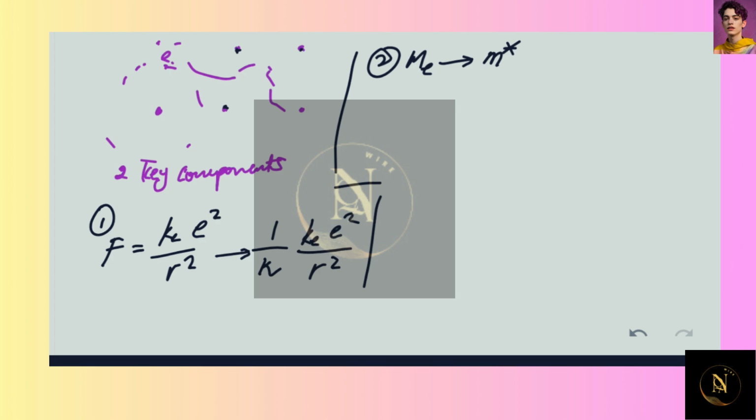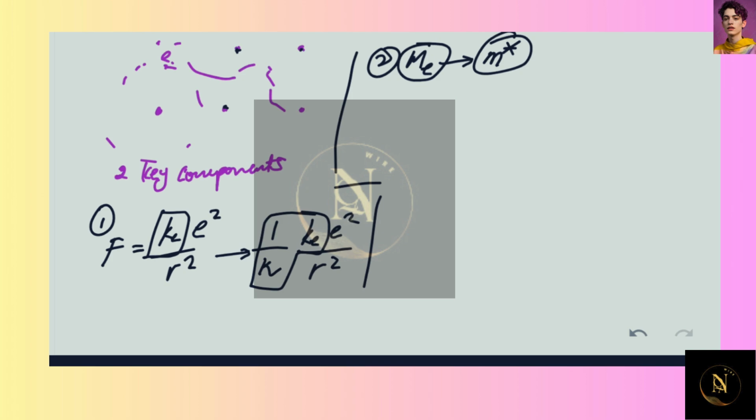It's described in the question. So what we have to do to make the Bohr model work is replace our constant Ke with Ke over kappa, and replace the mass of the electron with the effective mass, m star.